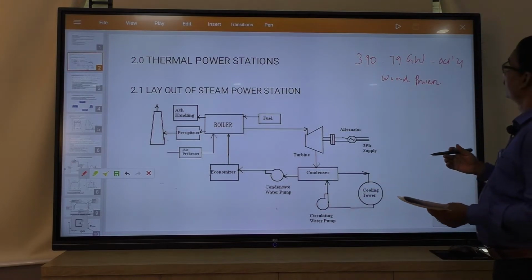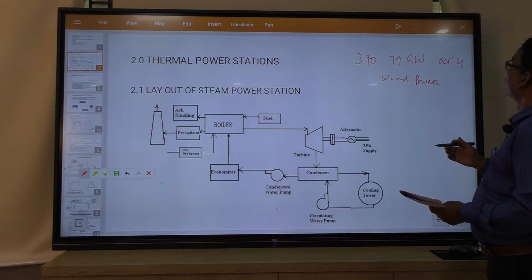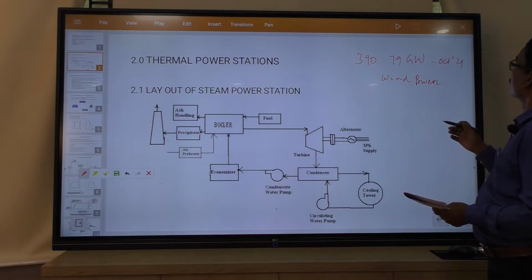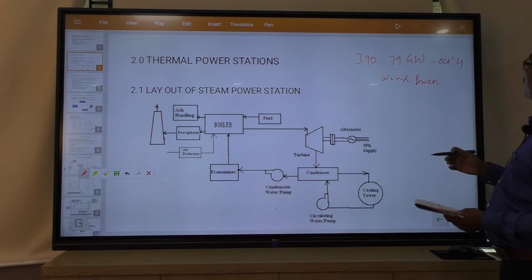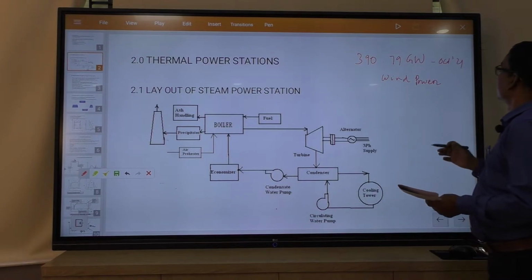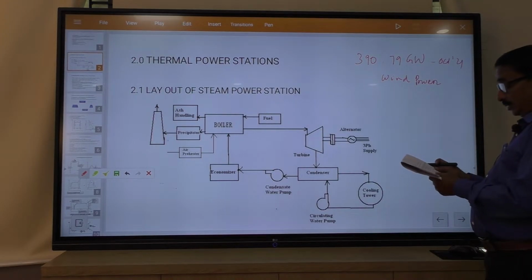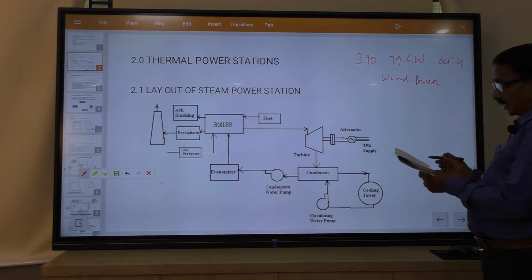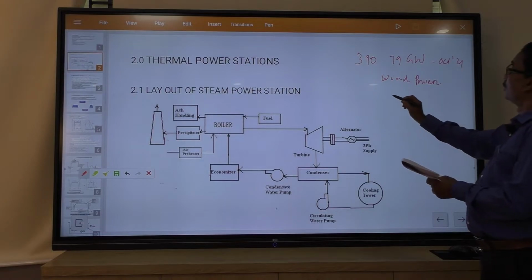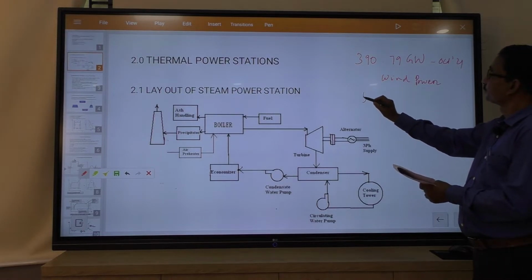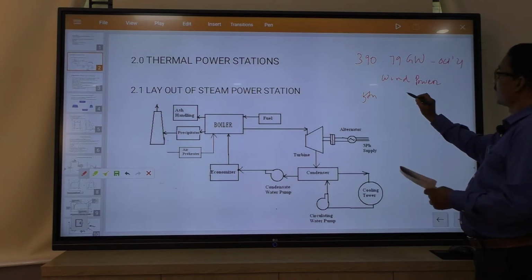Wind will rotate the turbine, that is called a windmill, and that windmill generates electricity by giving mechanical, rotational power to the generator shaft. Another is we are fifth in solar power.